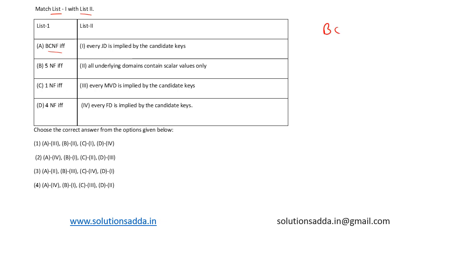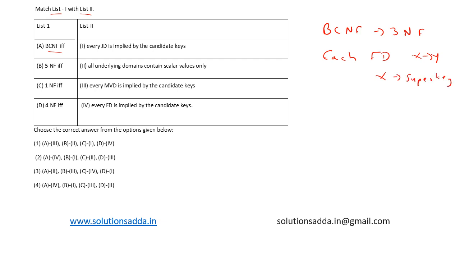BCNF is a stricter version than 3NF. That is the first thing. BCNF is a normalization form that is used when there are multiple candidate keys in a relation. The condition for a table to be in BCNF is that each functional dependency X implies Y, the condition is X should be a super key.